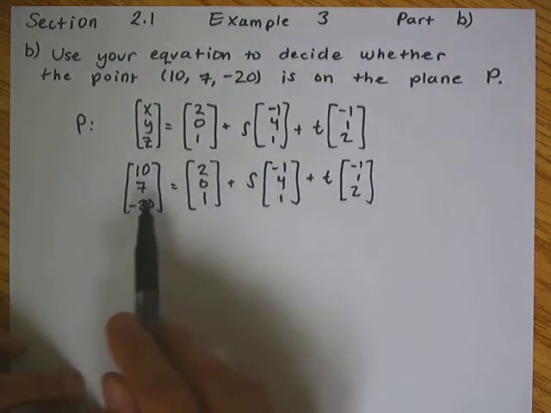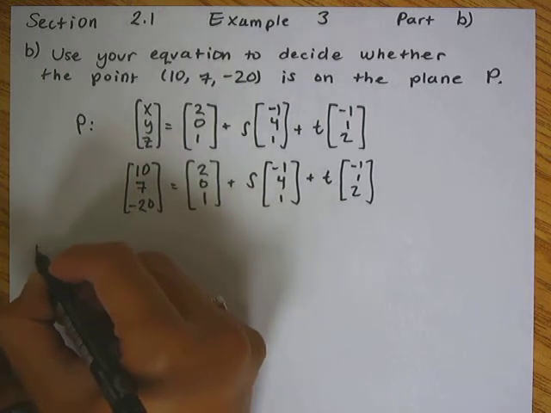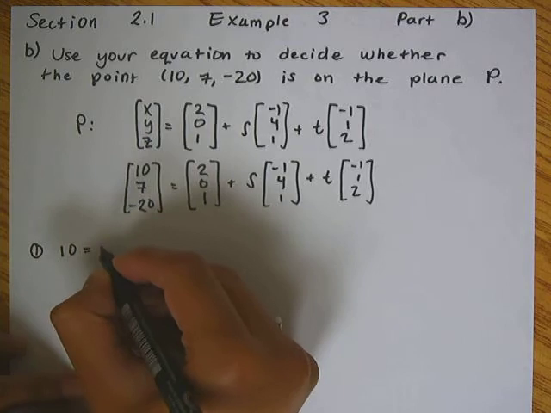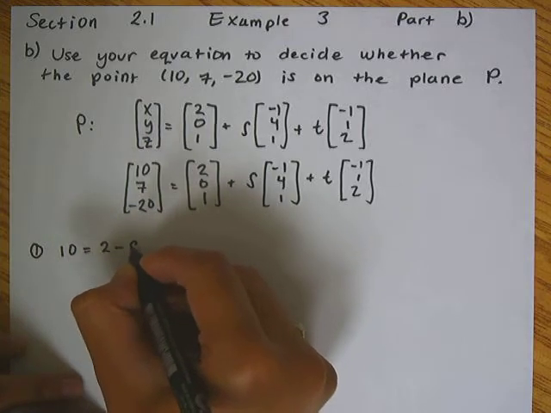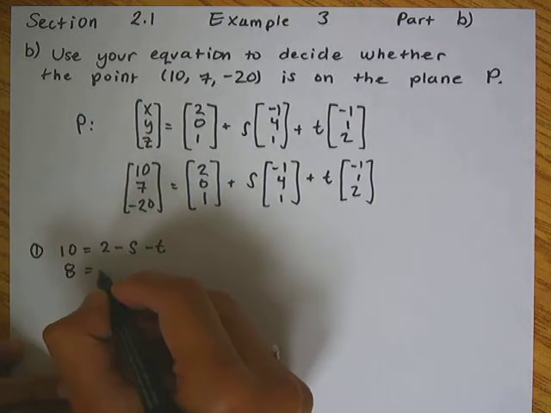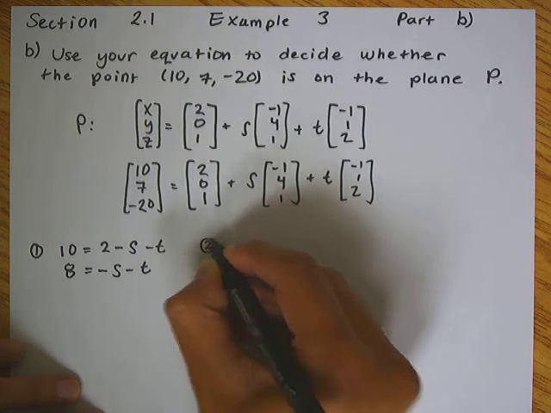Now to do that, I'm going to break this down into 3 equations, just as I did in part A. So our first equation is going to be the top line. That's 10 is equal to 2 minus s minus t, or 8 is equal to negative s minus t.